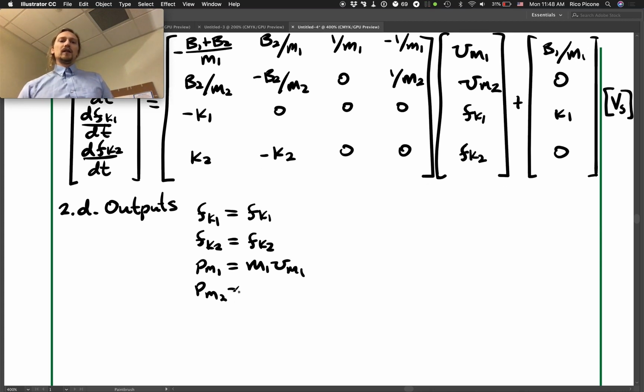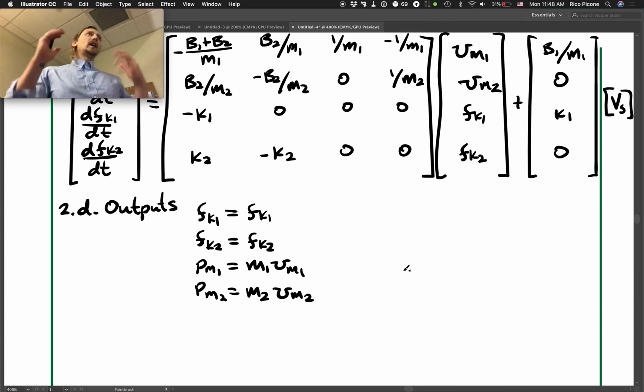And a similar thing happens for the momentum of mass 2. So we've written all of our outputs in terms of state variables and input variables only. So there are no input variables that show up, which is pretty common. Usually you only need to write it in terms of state variables. In the first example I did, I rigged it so we had an input variable that came in. Well, I didn't rig it. I mean, it's possible to show up anytime.